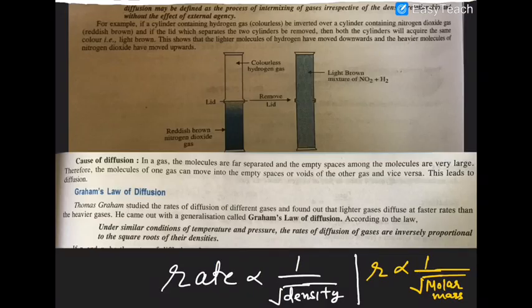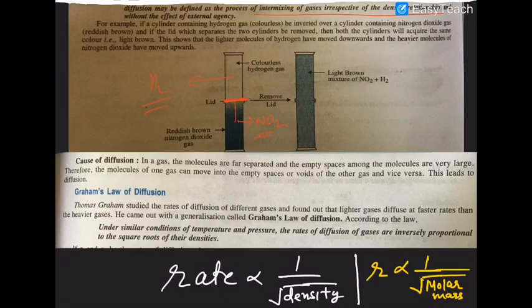Now if we look at that picture once more, diffusion may be defined as the process of intermixing of gases irrespective of their relationship, without the effect of any external agency. What do you mean by that? Here you have a partition. On one side of the partition you have NO2 gas, which is brown in color, and on the other side you have hydrogen gas.